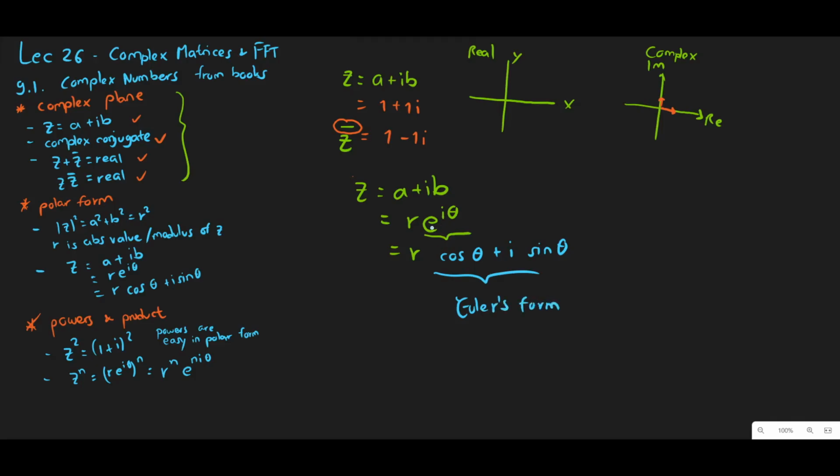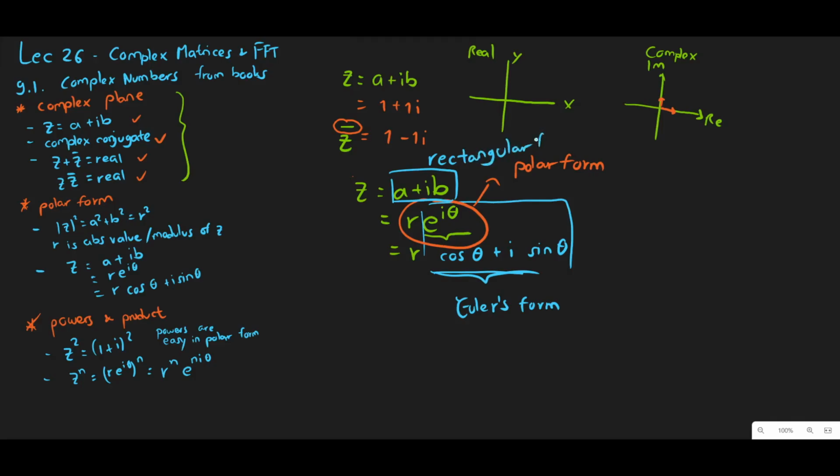So there's this Euler's form, which is just this part right here. Then you have this part right here, which is the polar form, and I believe this part, the one that we started with, a plus ib, is called the rectangular form.